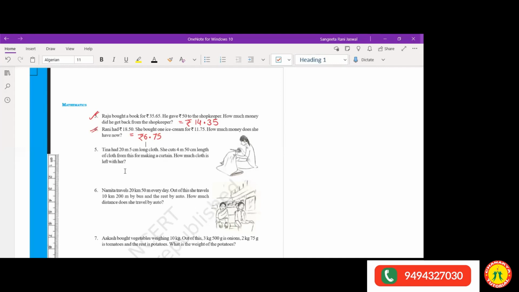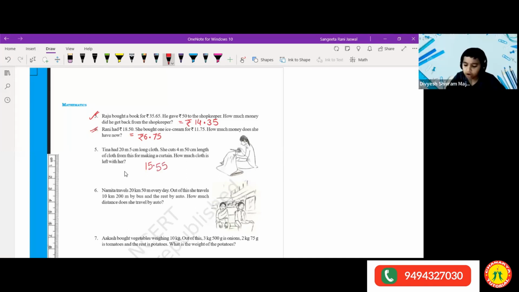From 16. Yes, what is it? From 16. Say it loudly. I got the answer as 15.55. Are all getting the same answer? Yes, ma'am, I got the same answer.